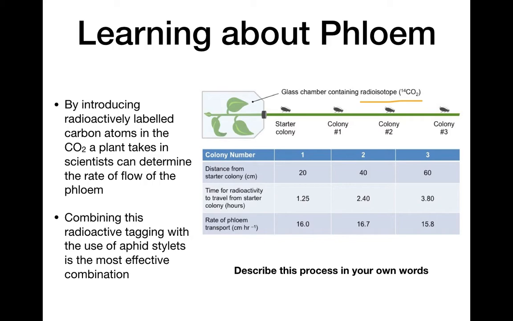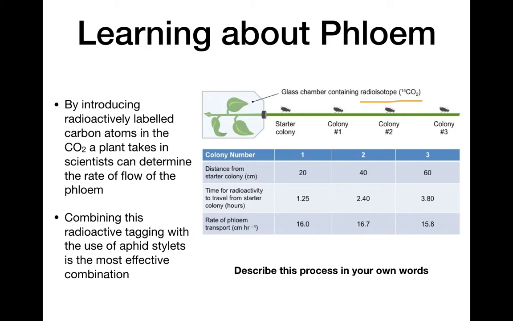Okay, so hopefully you understood the data is telling you that our original distance from the starter to the first colony is 20 centimeters, and it took 1.25 hours for the radioactive carbon and the sugar to go from here to here. So transport is 16 centimeters per hour.